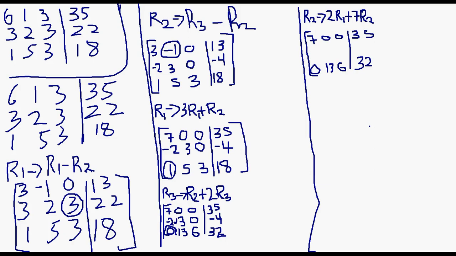2 times 7 is 14, plus 7 times negative 2 here is negative 14, so it will give us 0.